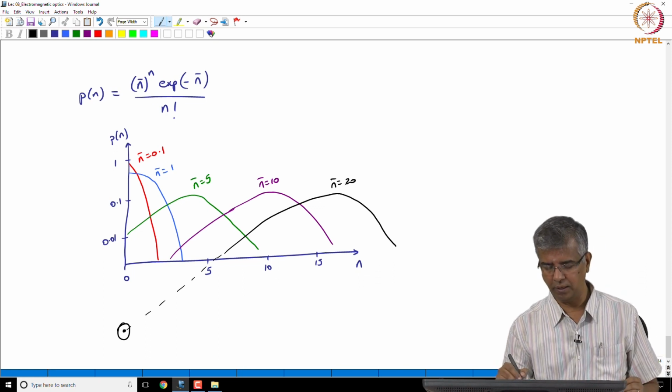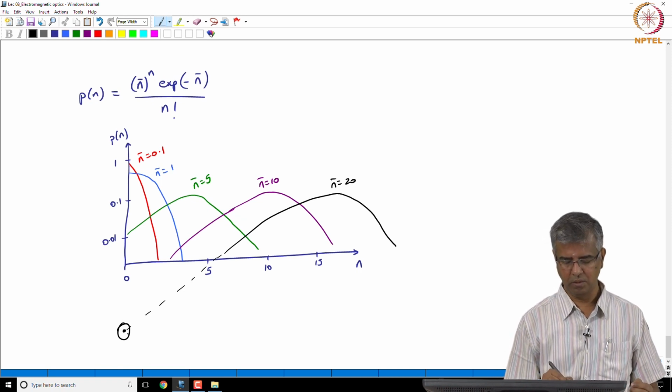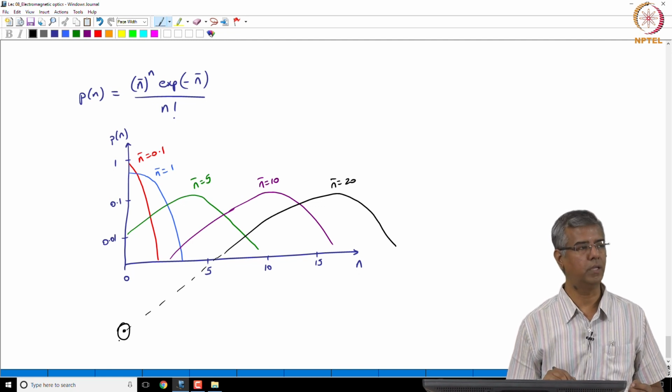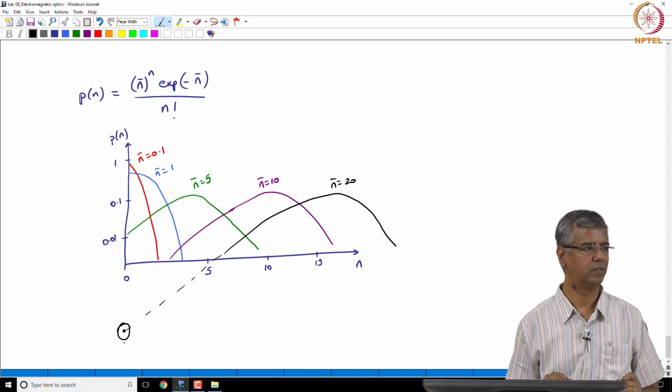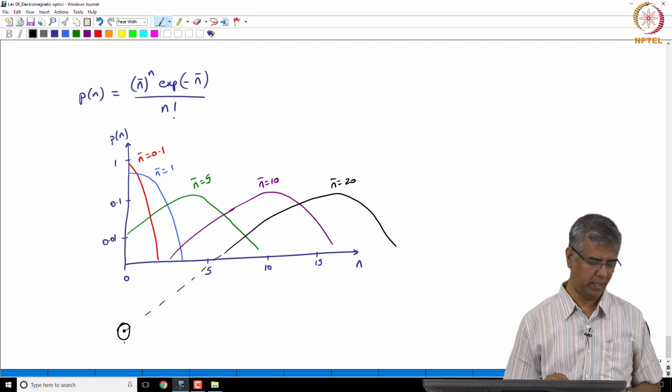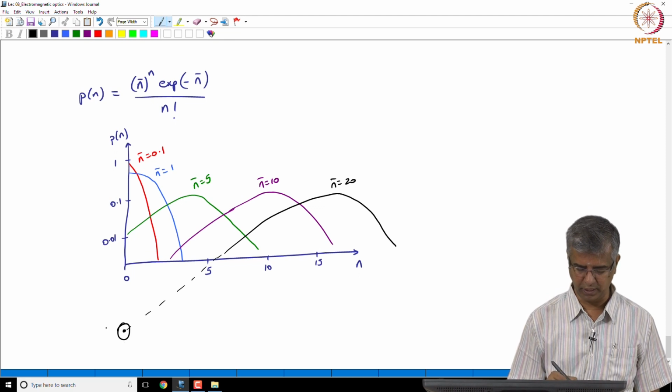You have n bar of 20 sent by the transmitter, that is the average you have sent, but there is a finite probability that 0 photons are there in that time slot. If you work out this expression, you will find that this probability corresponds to 2 times 10 to the power minus 9.